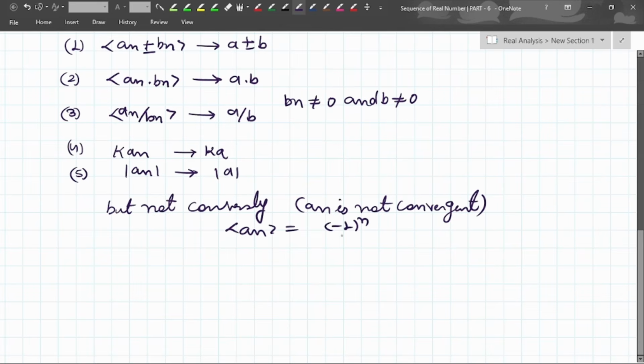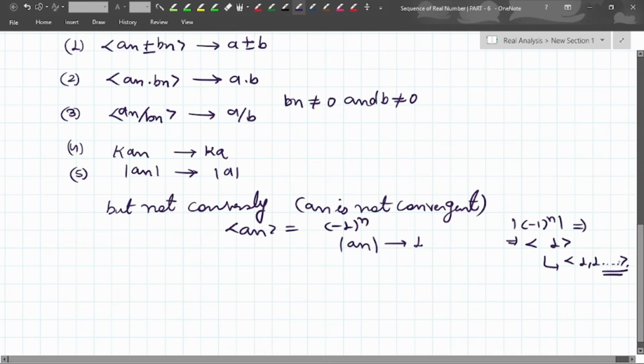Then if I take the absolute value, it goes to 1 only, because the absolute value of this is nothing but 1. This is the sequence 1, 1, 1, up to 1, and it is going to be convergent.